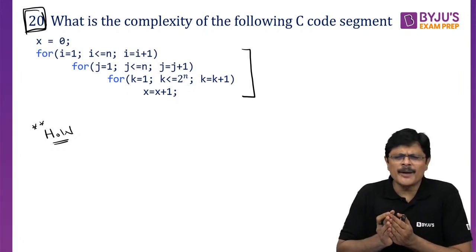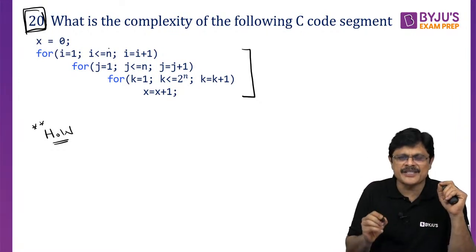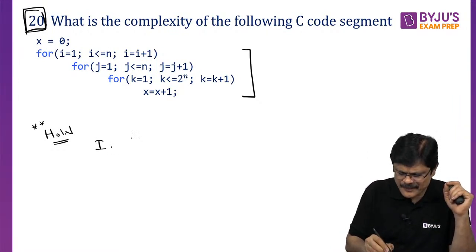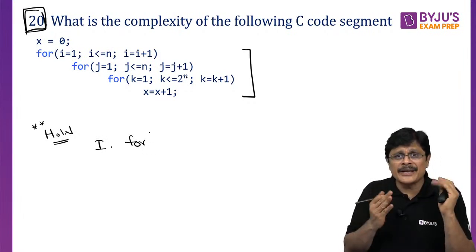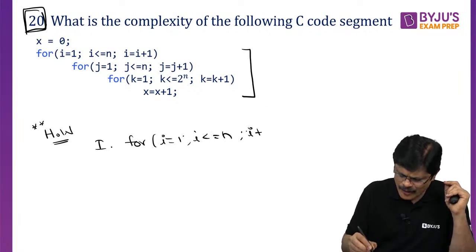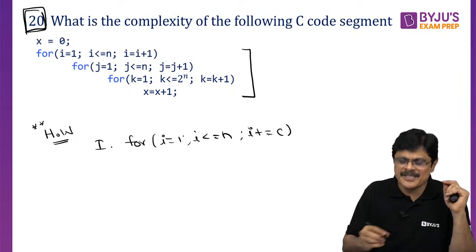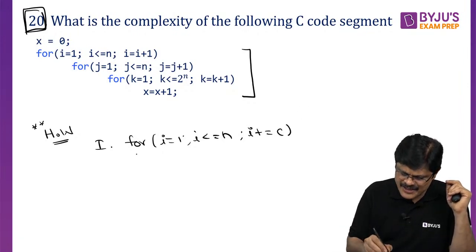So almost 20 problems. See, 200 problems also you can do. Just you need to understand the looping conditions. So I quickly tell you rule 1. Actually, there are two ways. I is equal to 1, I less than or equal to n, I is equal to I plus c, or I plus is equal to c. Or in the reverse direction. What is the reverse direction, sir?